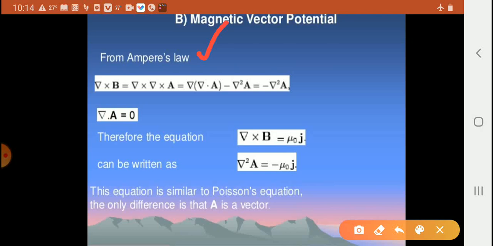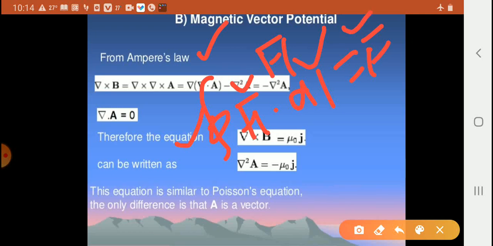It states that the line integral of magnetic field intensity H about any closed path is exactly equal to the direct current enclosed by that path. So the closed path integral of H dot dl equals I. H is the magnetic field intensity, dl is a small differential length, and I is the current enclosed by the path.